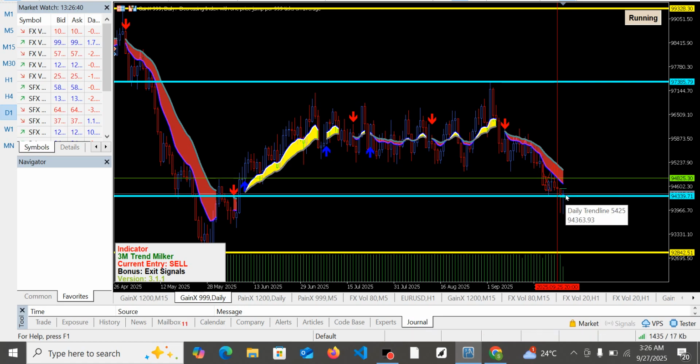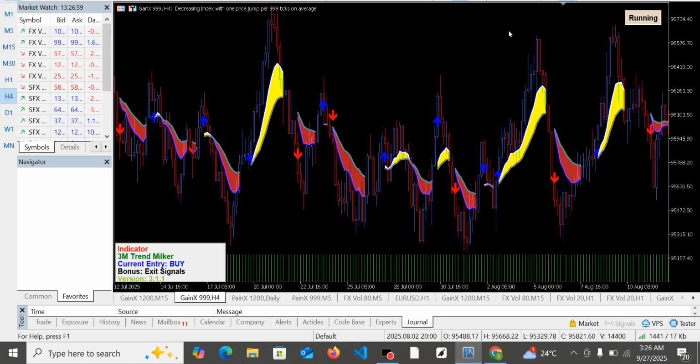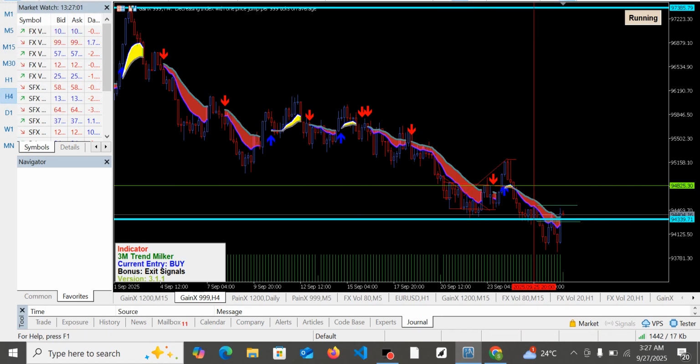The closure of this current candle will determine if it's going to go back into a downtrend or probably go back into an uptrend. So that will be the end of today. Now let's check out for those of us that want to trade this particular asset today.